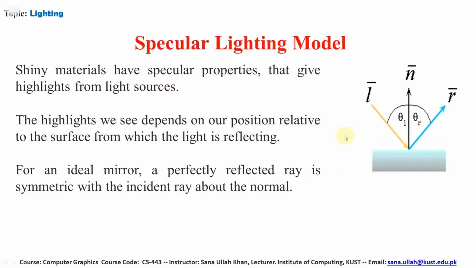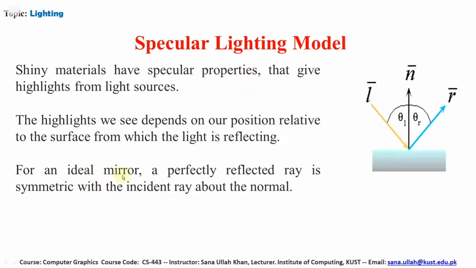The specular lighting model is another model. Shiny materials have specular properties that give highlights from the light source. The highlights we see depend on our position relative to the surface from which the light is reflecting. That means it depends on where the light source is focused and the position of the object where the light is reflected.